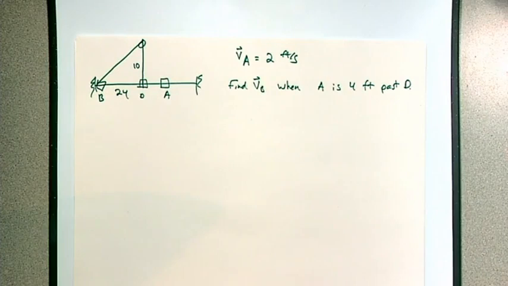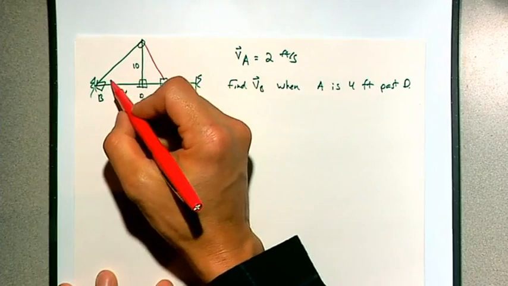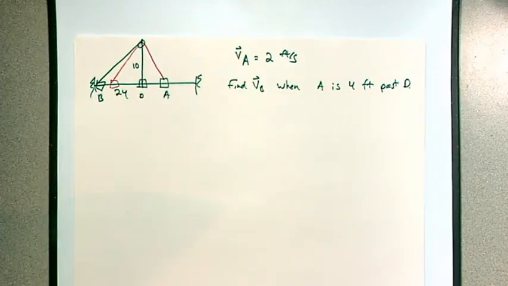So what does this look like? A is slid over. It's created some new triangle. That's going to pull B over a little bit. We want to find our velocity of B at this point. We're going to assume that this cable doesn't stretch.